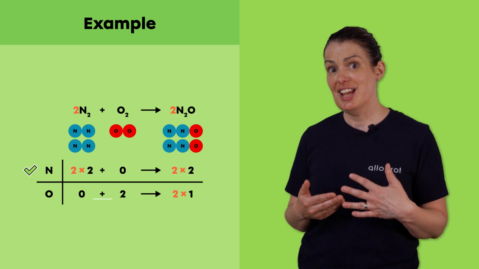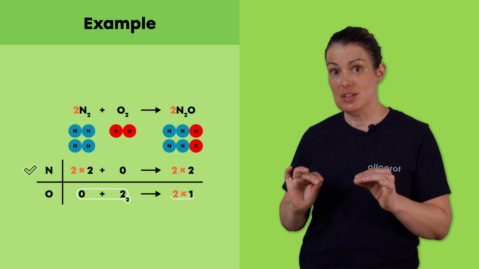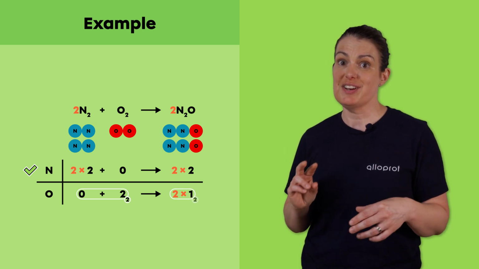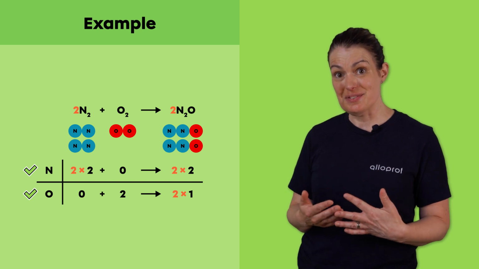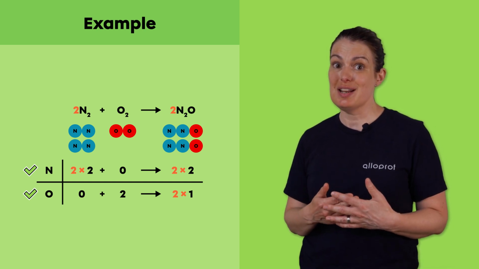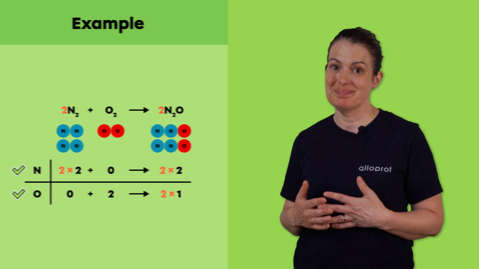For oxygen, the O2 molecule has 2 oxygen atoms, and the 2 N2O molecules also provide 2 oxygen atoms in total. Thanks to the coefficients, the number of nitrogen atoms and the number of oxygen atoms are balanced on both sides of the reaction. That's it. The equation is balanced, which means that it respects the law of conservation of matter.